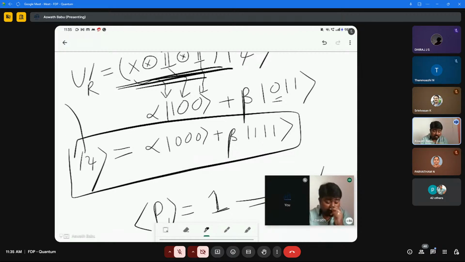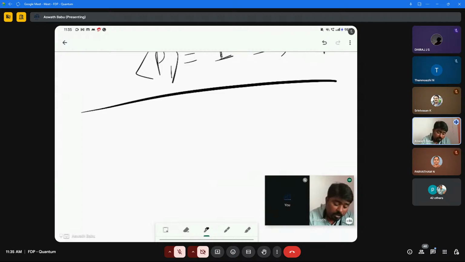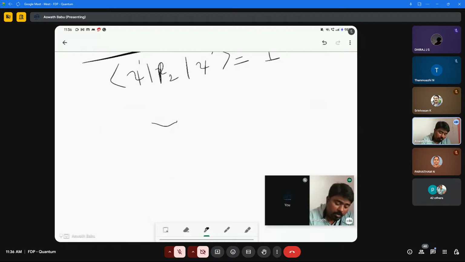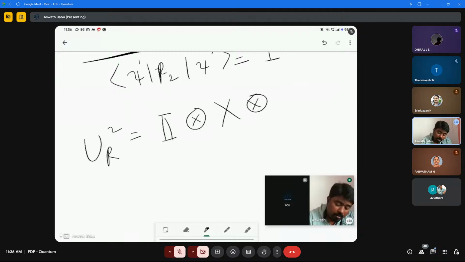Okay, if the second qubit is flipped, that means the measurement P2 gives you 1, and so the recovery gate would be UR2. See carefully: nothing on the first qubit, X gate on the second qubit, identity on the last qubit. This is the recovery quantum gate operation for you in the case where the second bit is compromised.